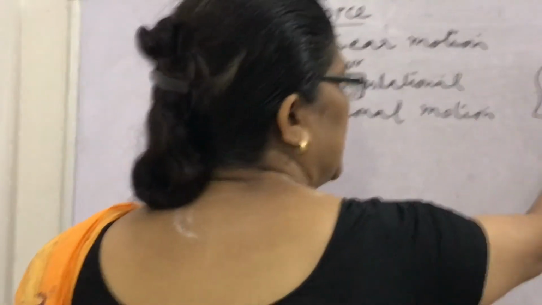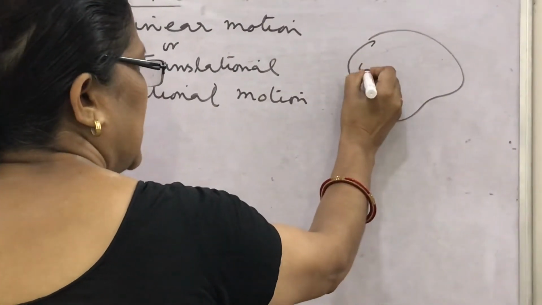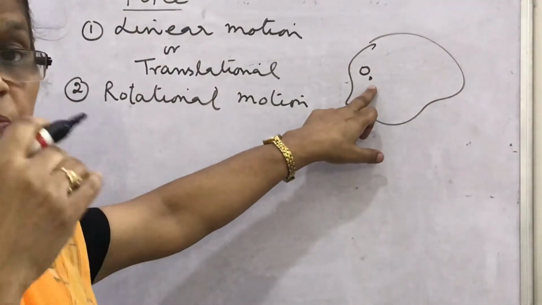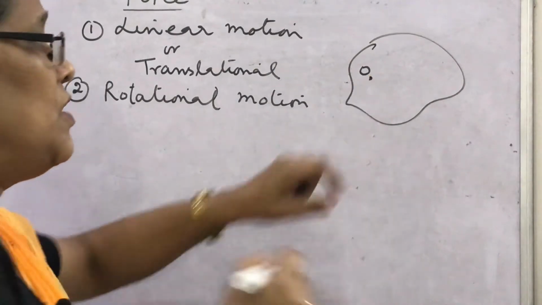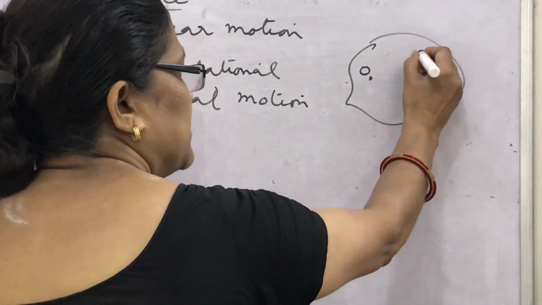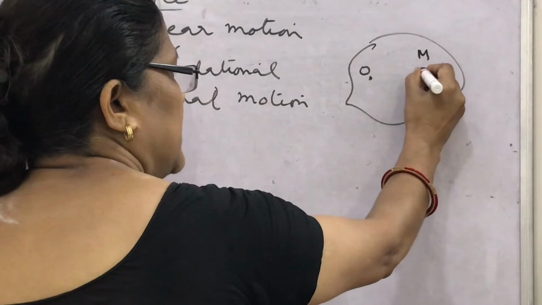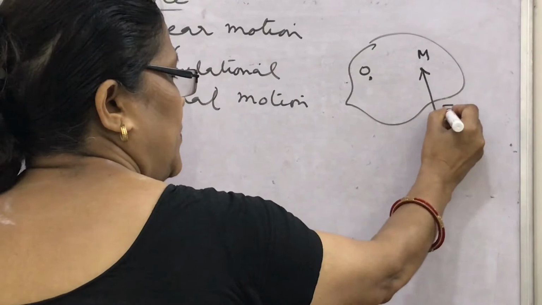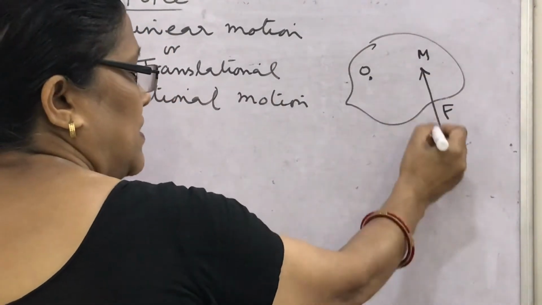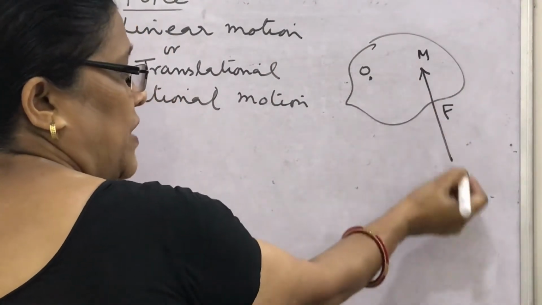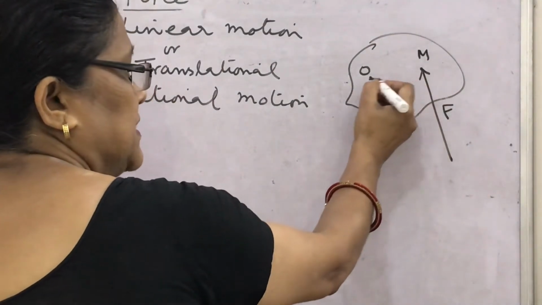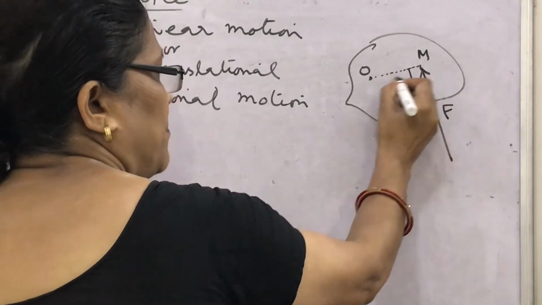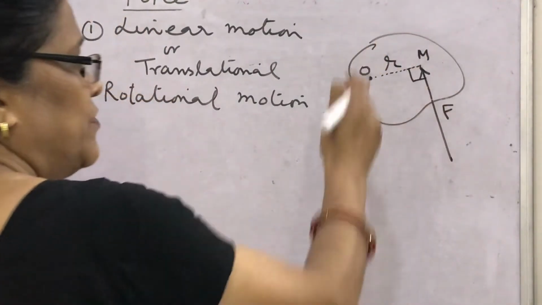Suppose this is the object and it is fixed at a certain point O. This is called the pivot. The object is said to be pivoted at this point O. When a force is applied, suppose at this point M, and the direction of force is this one, then you find the point of application M at which the force is applied, its distance from O, and suppose this distance is the perpendicular distance from the force.